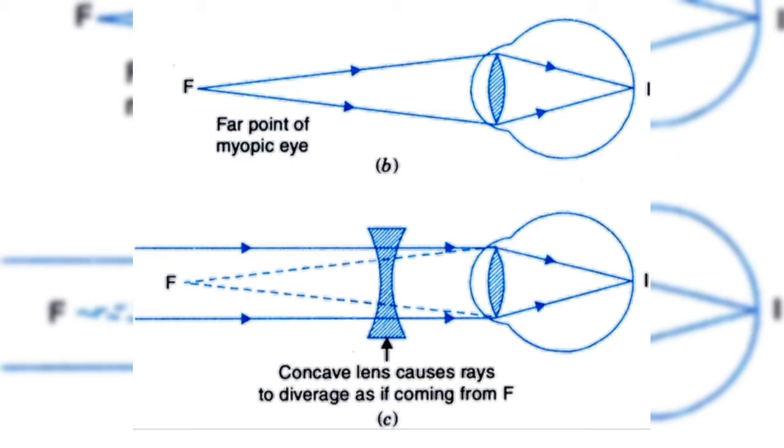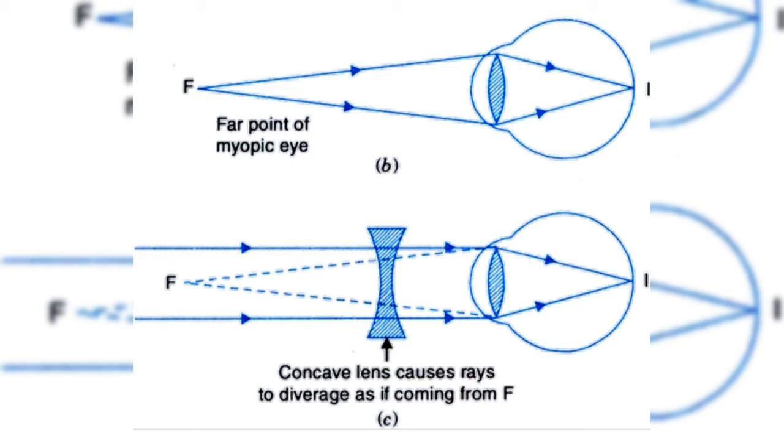In a normal eye, the parallel rays of light coming from the object converge at the retina to form an image. But in a myopic eye, this is not possible. Now see the figure, which shows an eye having the defect of myopia.